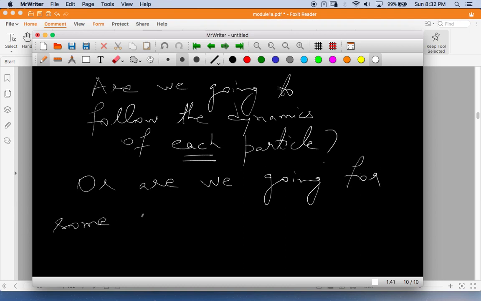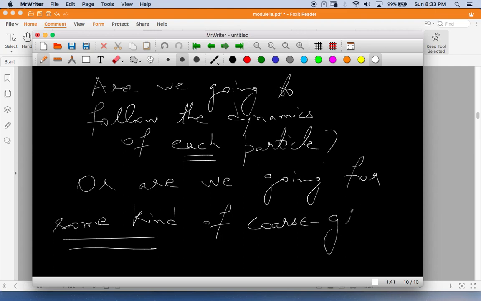And I will underline the some kind of coarse graining. Well, as with everything in physics, it depends. The answer is it depends. It depends upon what level of detail we want, what kinds of time scales, or what kind of phenomenon we want to investigate.